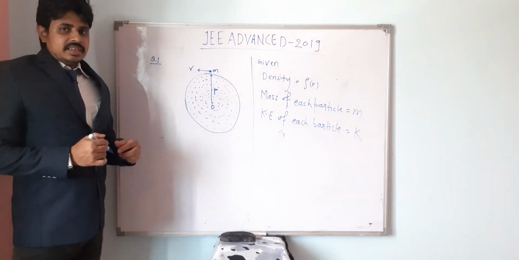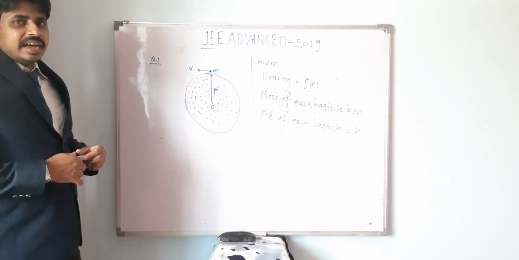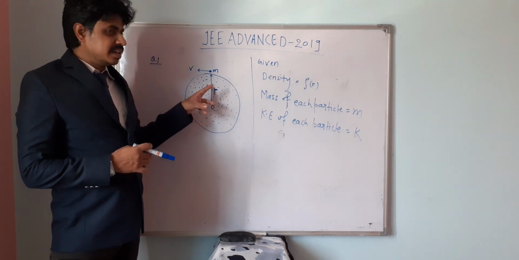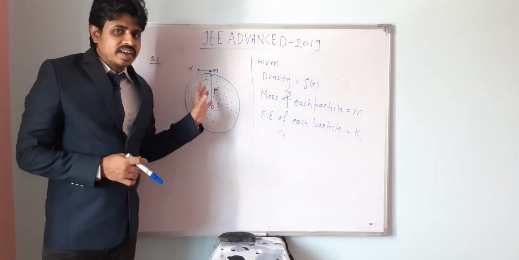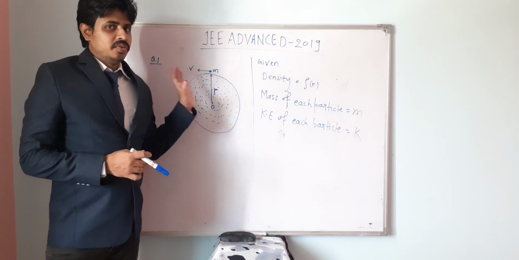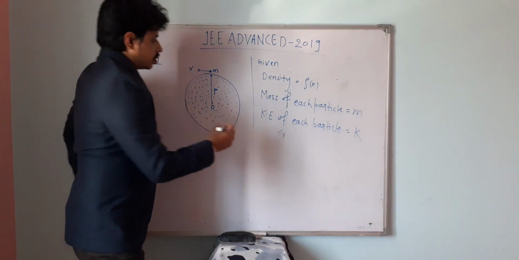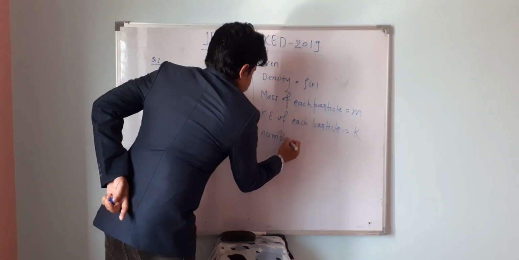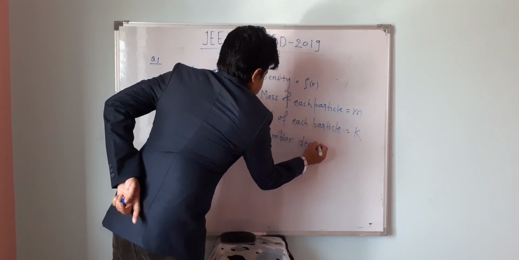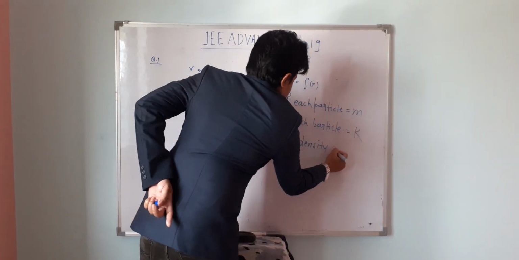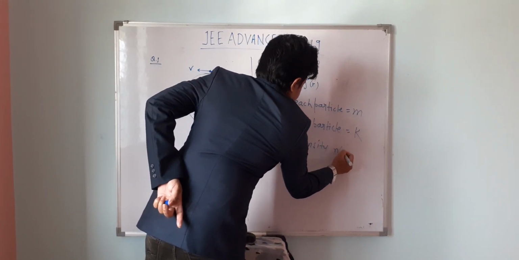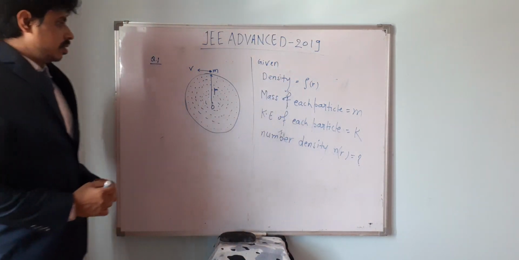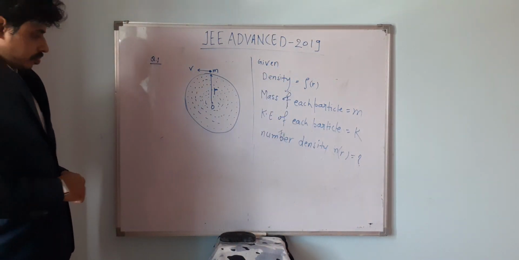Then we have to find the number density as a function of r. That is, at a particular distance from the center, what is the number of gaseous molecules per unit volume? So number density n(r) is equal to what? We have to find this.